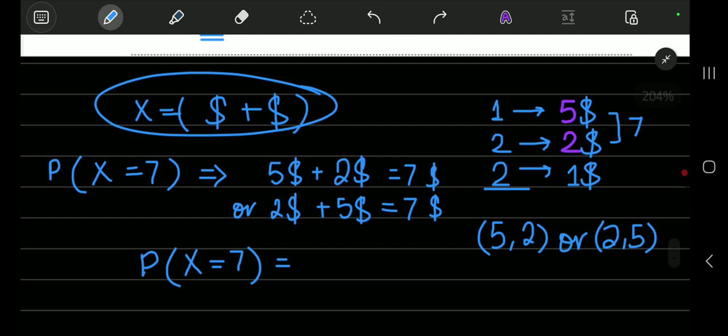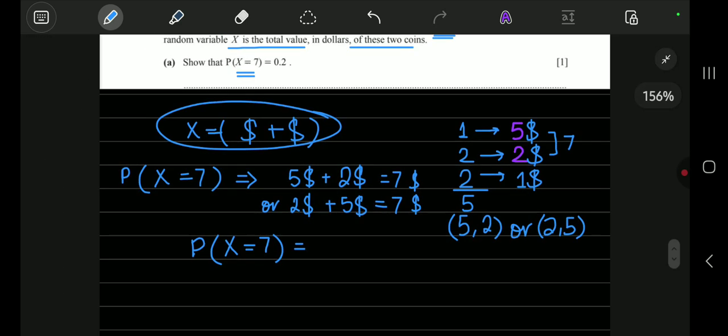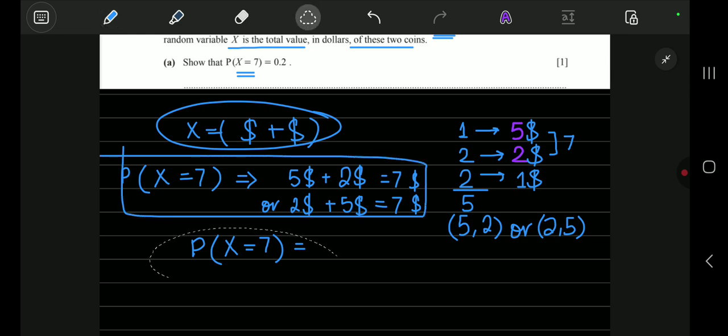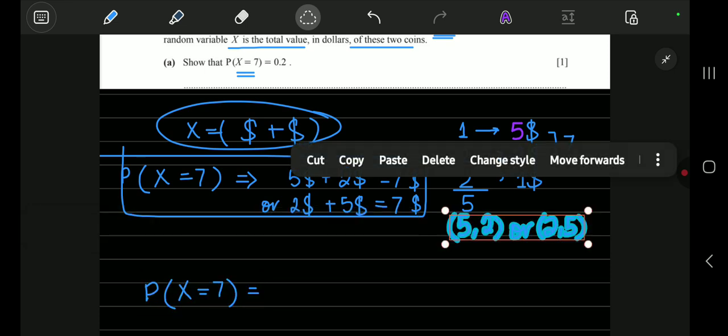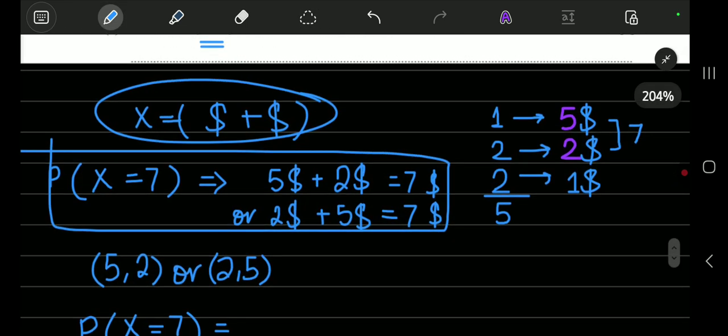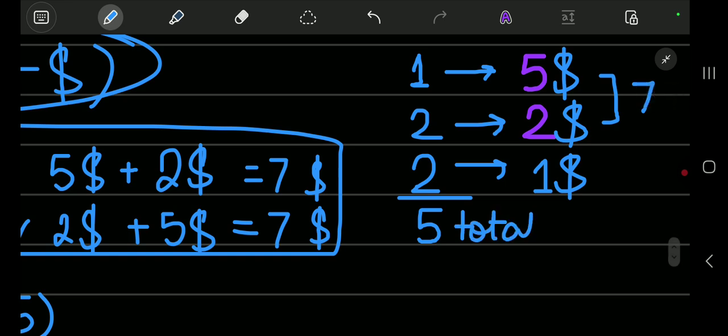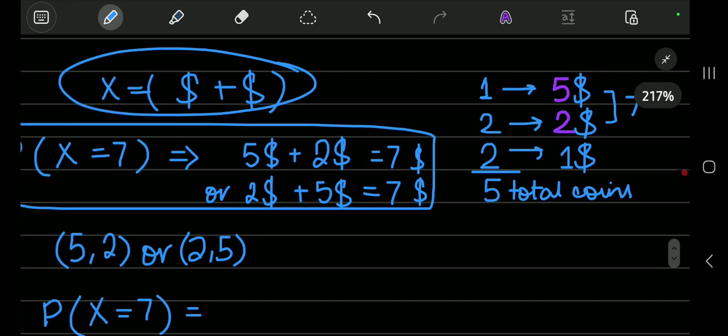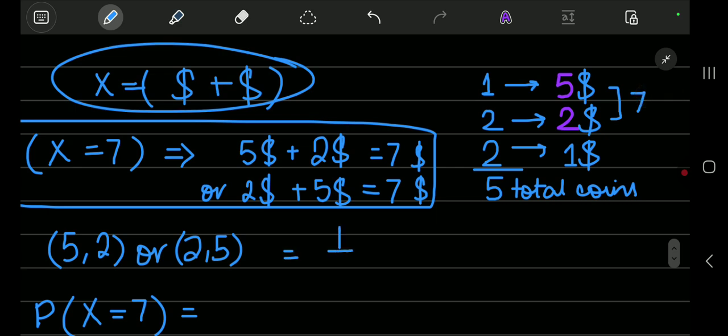For the second coin being $2, how many coins? 2 out of 5, but as we already took 1, we are left with 4 total, so 2 out of 4.